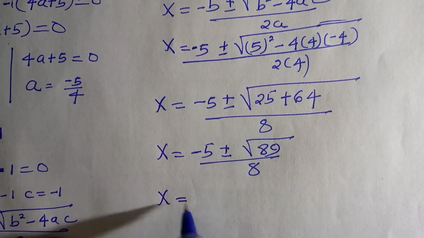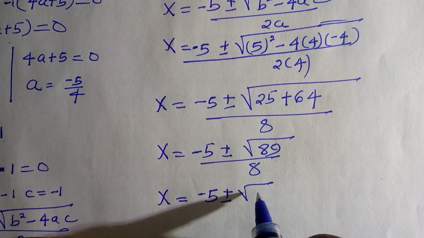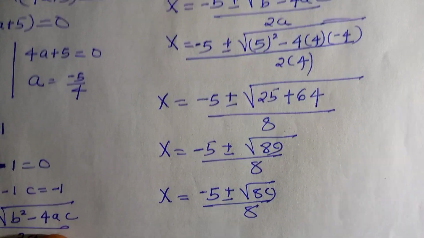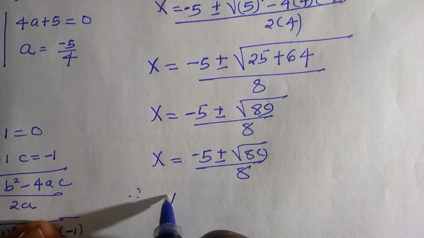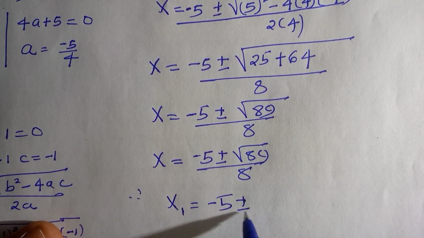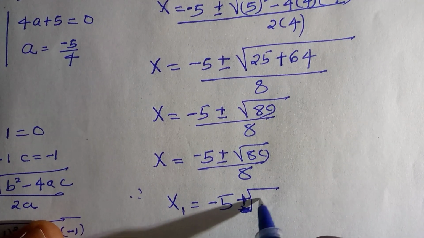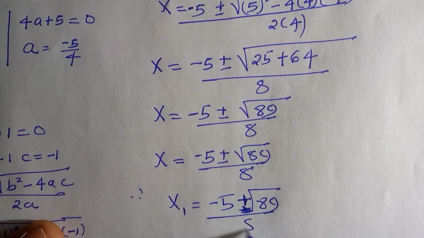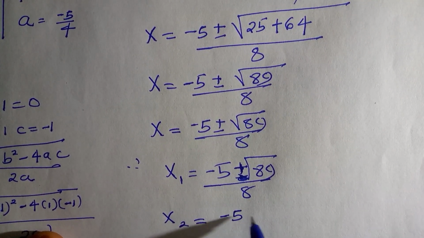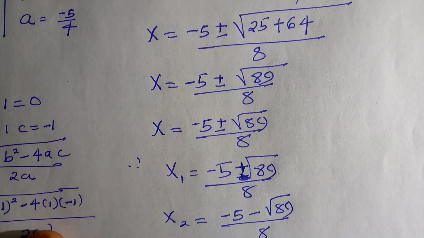At this stage we could get the decimal value of this, but I'm going to rewrite it as minus 5 plus or minus the square root of 89 divided by 8. Here x1 equals minus 5 plus the root of 89 divided by 8, going along the positive first. For the second one, along the negative, x2 equals minus 5 minus the root of 89 divided by 8.